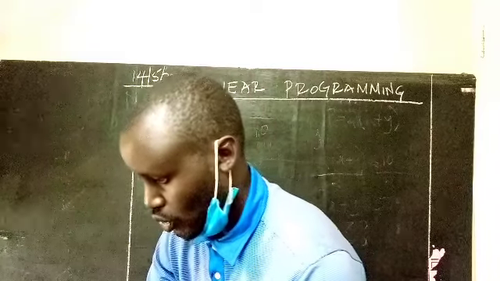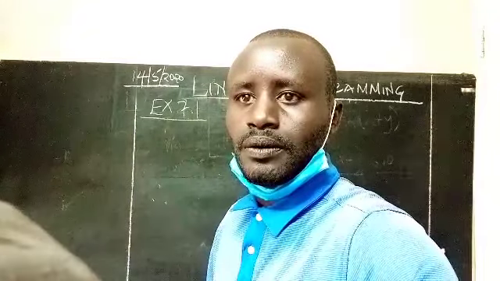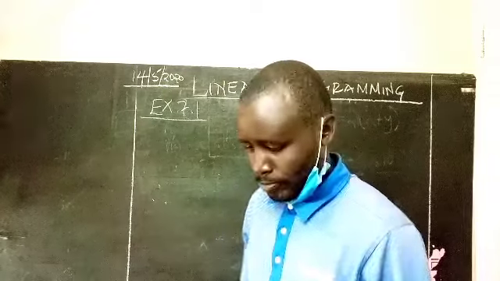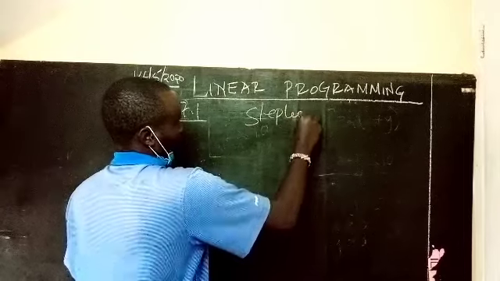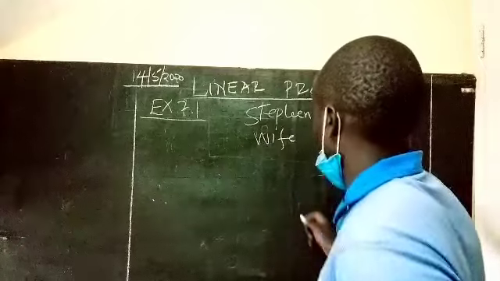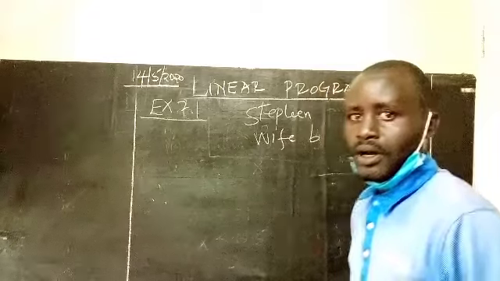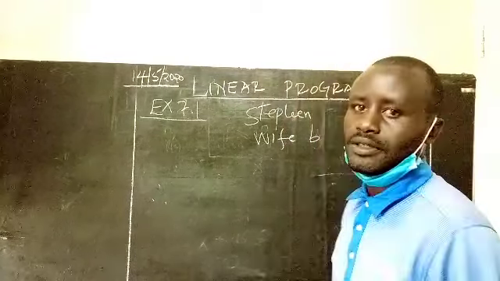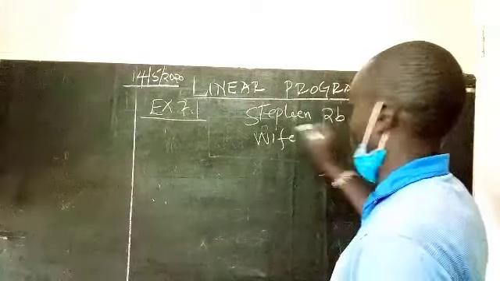So what we're going to do is, we have 2 people here, Stephen and the wife. We know that the wife earns a salary of B shillings, and Stephen's salary is twice as much as the wife's salary, meaning Stephen is going to be 2B.